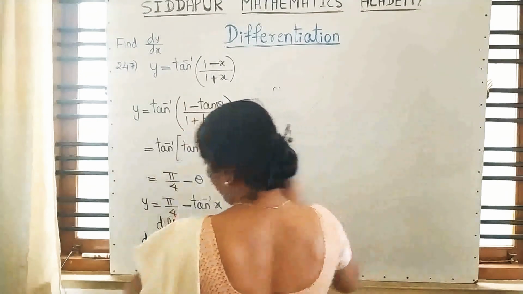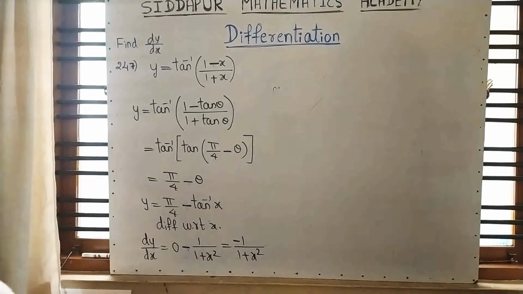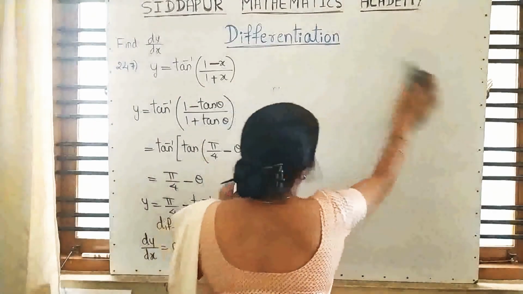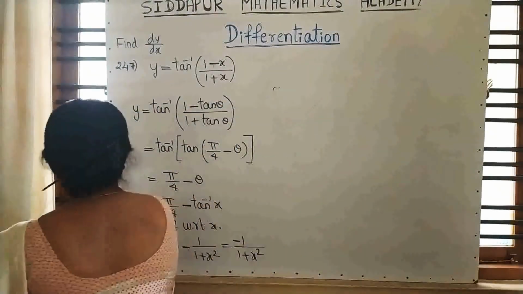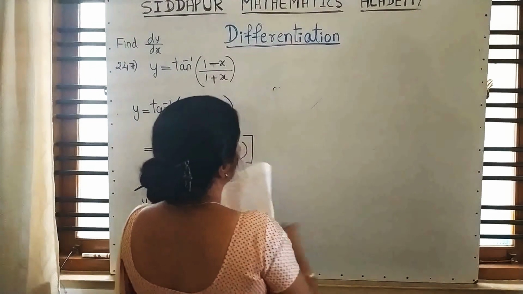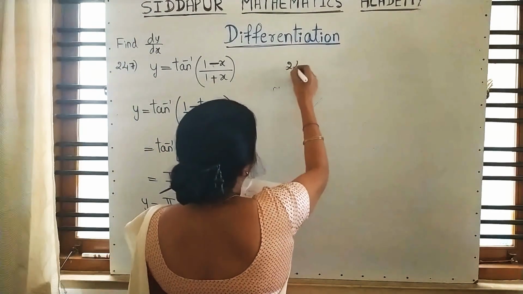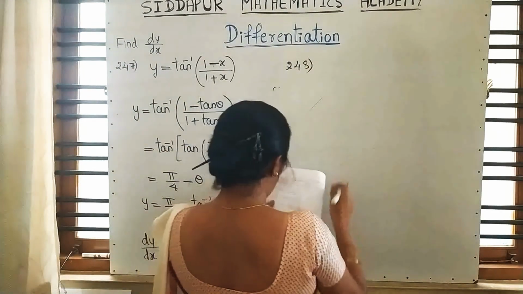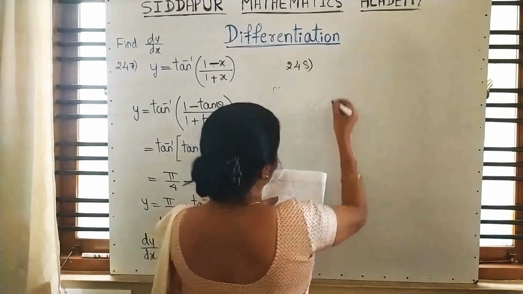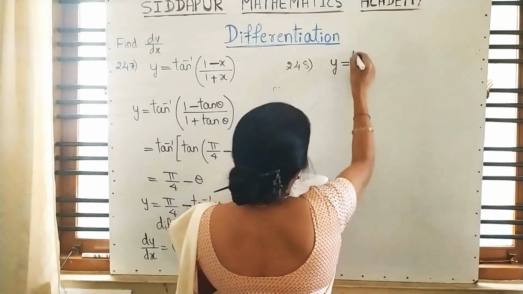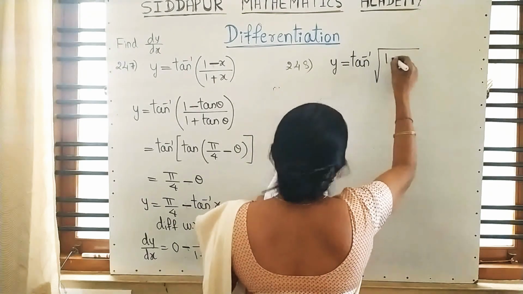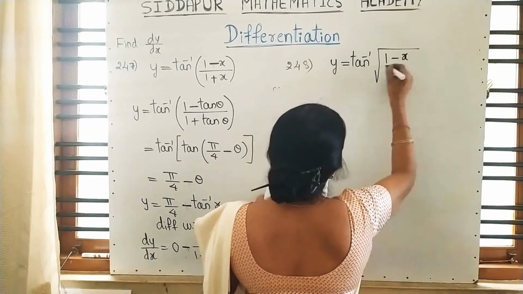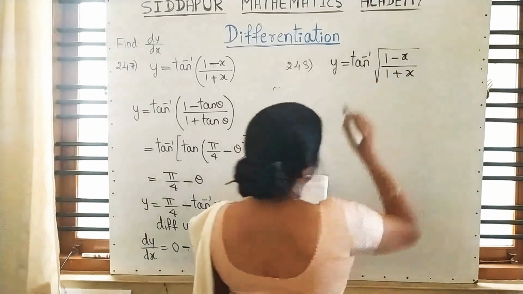I have not cancelled that because I want to show the difference between this example and the next example. Question number 248. y is equal to tan inverse of root of (1 minus x) upon (1 plus x).